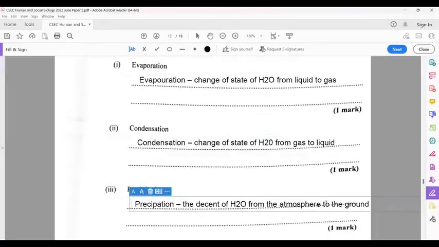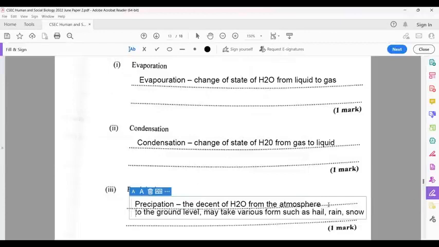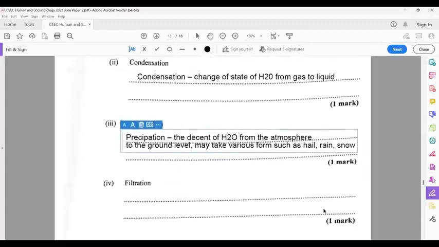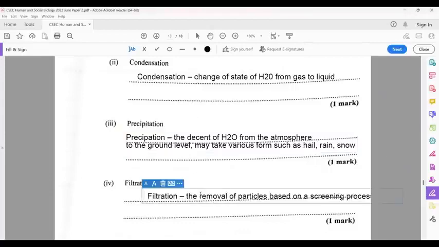All right? And it means the state moves from in the atmosphere to the ground level. And we have given you some examples of them, which you are very familiar with. Hail, rain, snow, it brings it downwards. All these are types of precipitation. Filtration is screening particles by size.